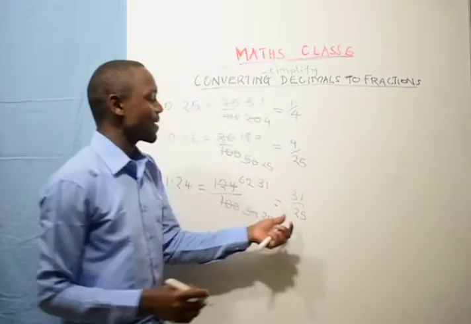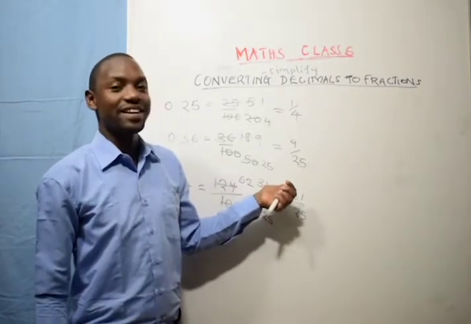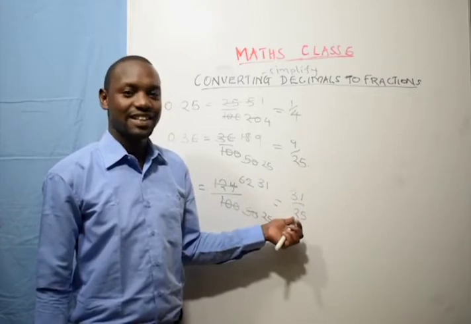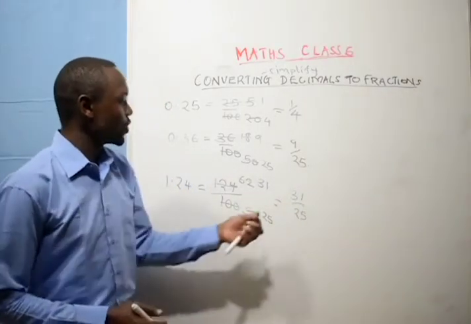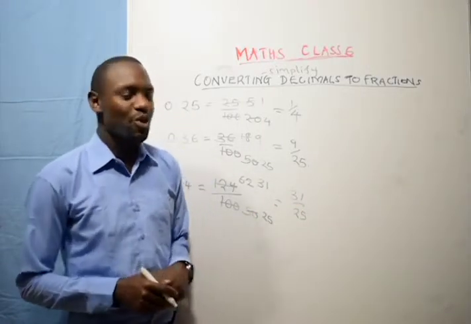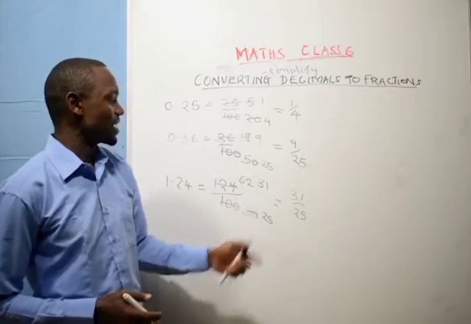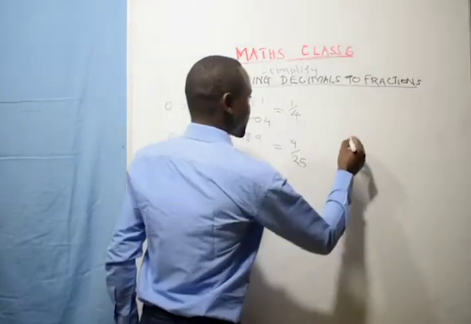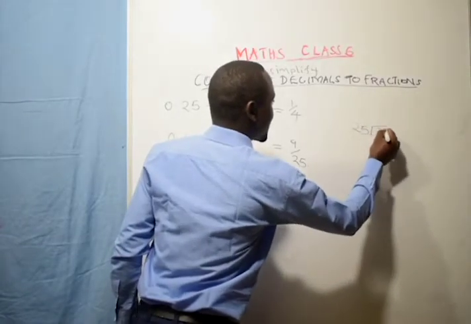Can we leave this number like that? What type of fraction is this, whereby the numerator is larger than the denominator? This type of fraction is called an improper fraction. We are not supposed to leave it at this point. What are we going to do? Convert this one to a mixed number. So we divide 31 by 25.